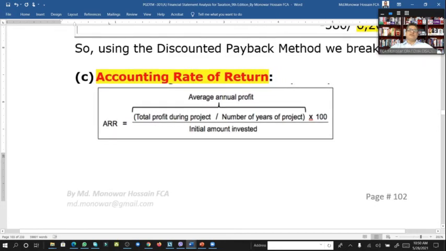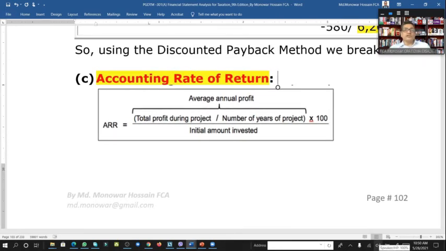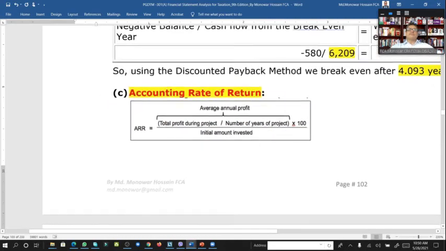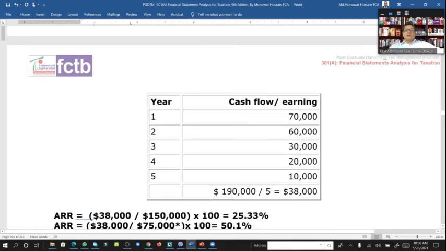Accounting rate of return is sometimes also called the average rate of return. So look here, average annual profit, how does it come? Total profit during the project divided by the number of years of the project, multiplied by 100, divided by the initial amount invested. This is how the accounting rate of return comes.